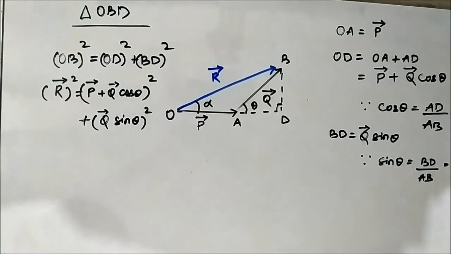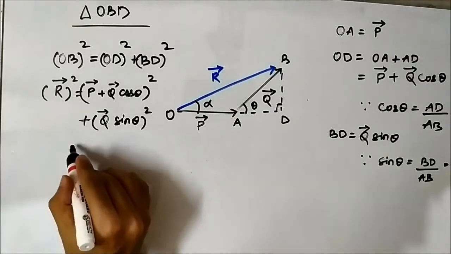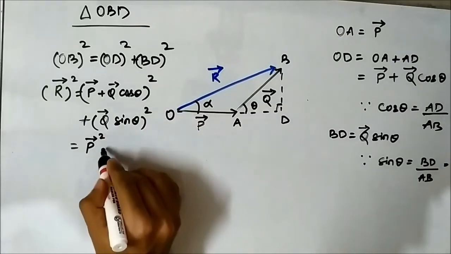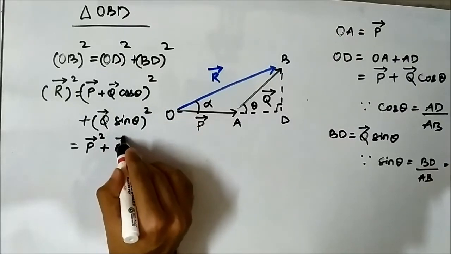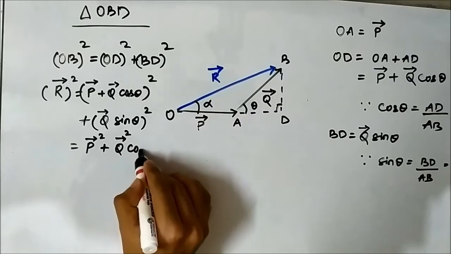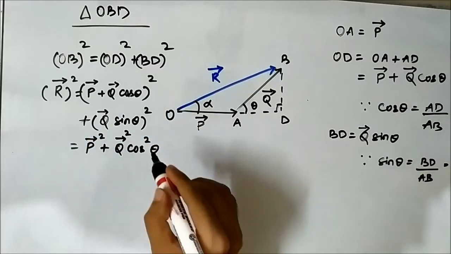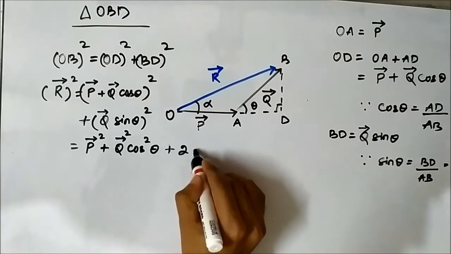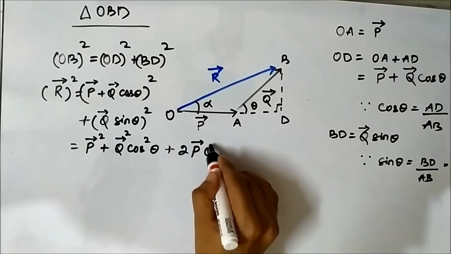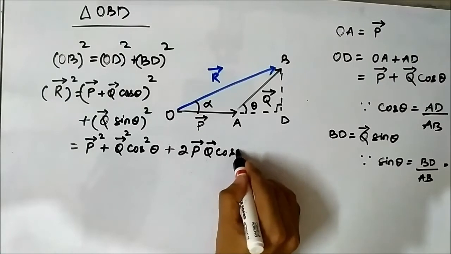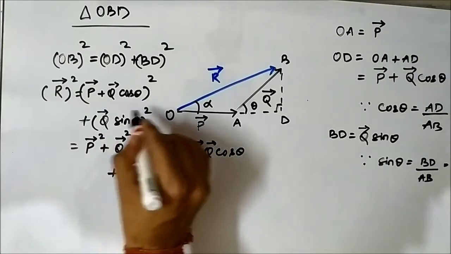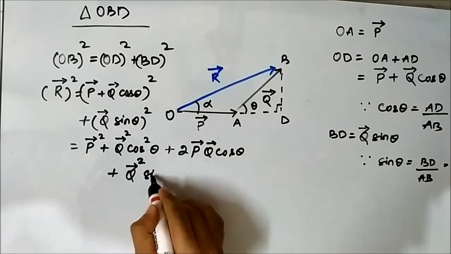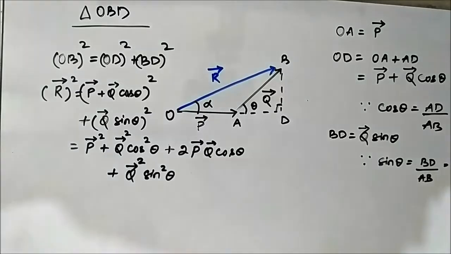Now if we expand it, it becomes P vector square plus Q vector square cos square theta, using the formula A square plus B square plus 2AB, plus 2 P vector Q vector cos theta, plus Q vector square sin square theta.